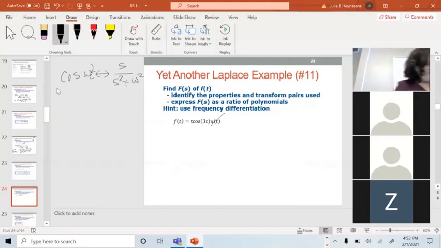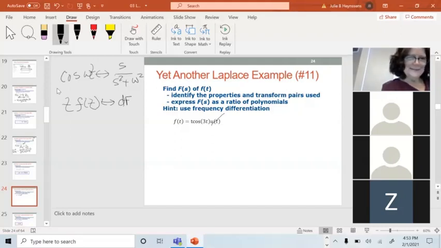And I'm going to have to go to the properties. I have something that looks like t f of t. Well, my f of t could be cosine omega t. If I transform that, oh, I hate this problem. You'll see why in a minute.